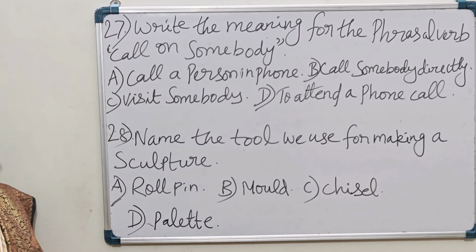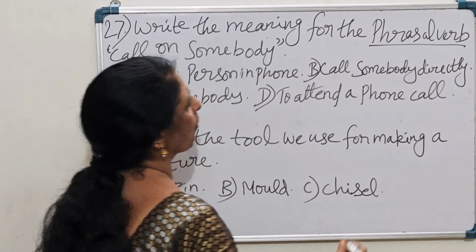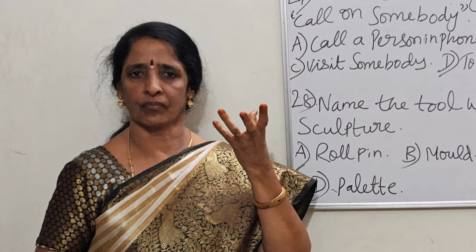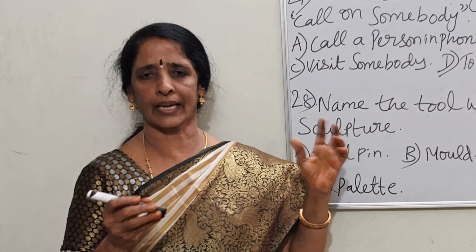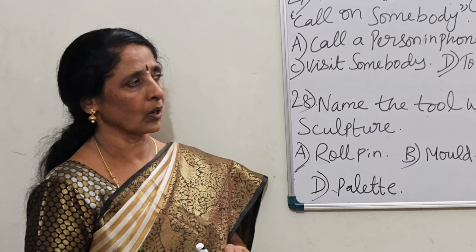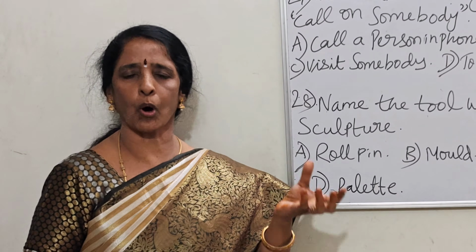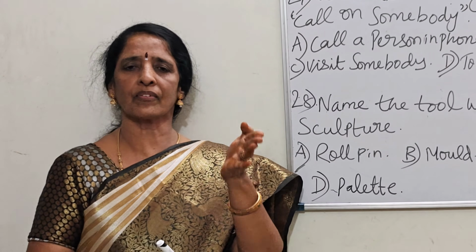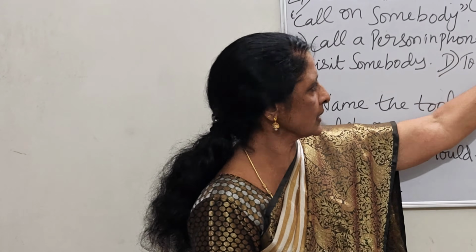Now 27th question. Write the meaning for the phrasal verb. What does phrasal verb mean? It is a combination of a verb and an adverb or preposition that creates a new meaning, often different from the general verb. Okay, that is phrasal verb.